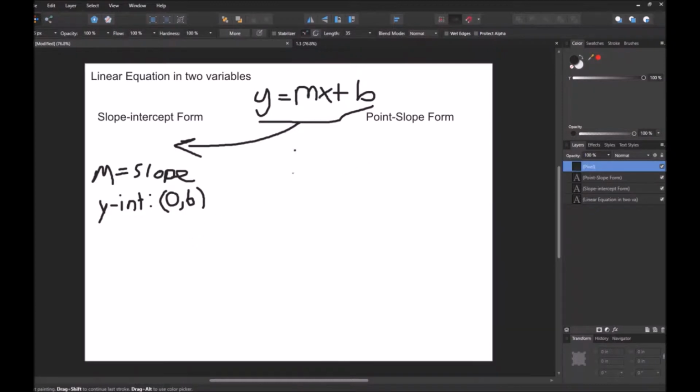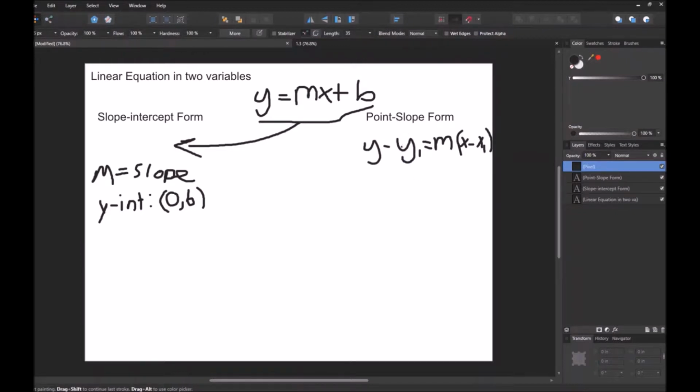Our next form we're going to be dealing with is the point-slope form of the equation of the line. So that is y minus y1 equals m times x minus x1. That's the point-slope form of the equation.